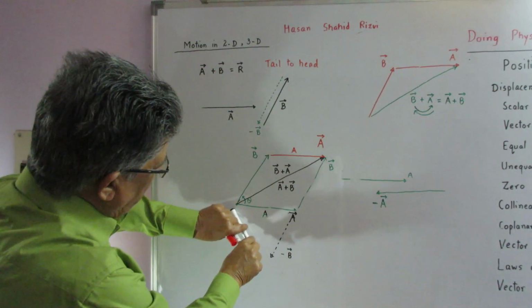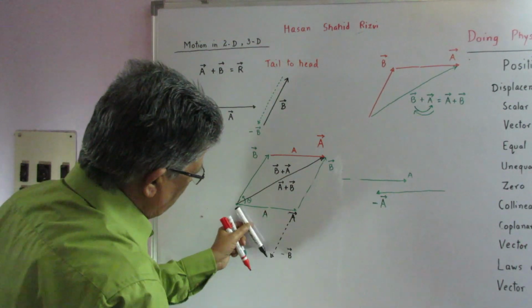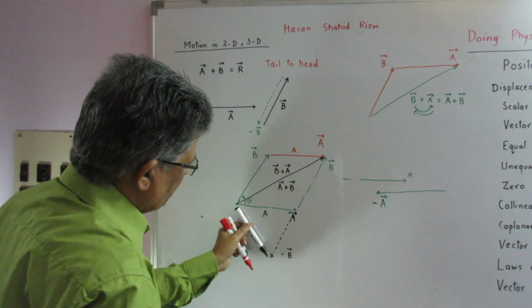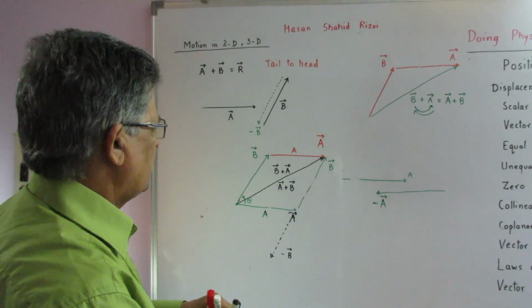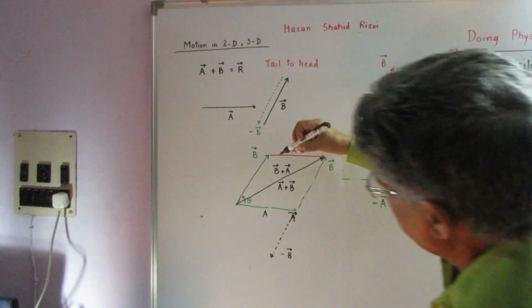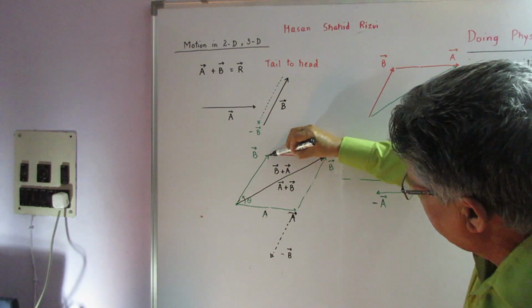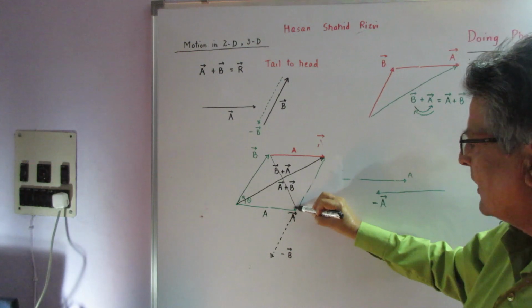We obtain a vector which is like this. And if I shift it parallel to this, then I'll get a vector like this, which is the other diagonal of the parallelogram.